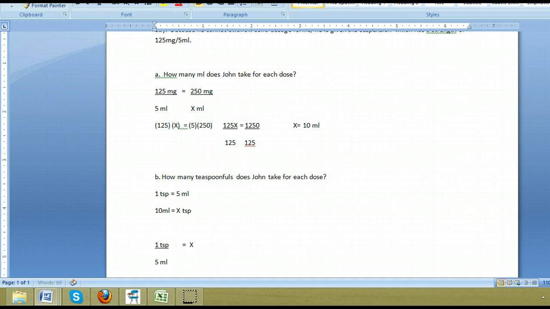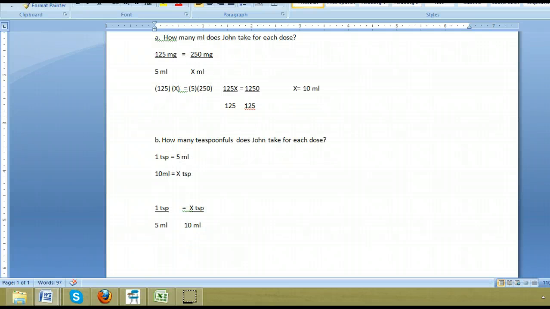And then I'm going to put X teaspoons all over 10 mils. Remember what's important, it doesn't matter if the teaspoons are on the top or bottom, you just have to make sure your top units are the same and then that your bottom units are the same, all right?